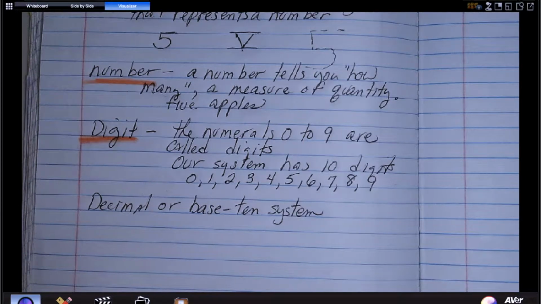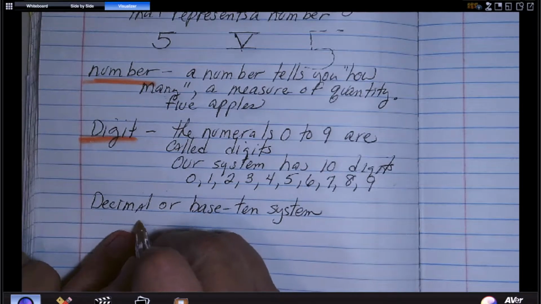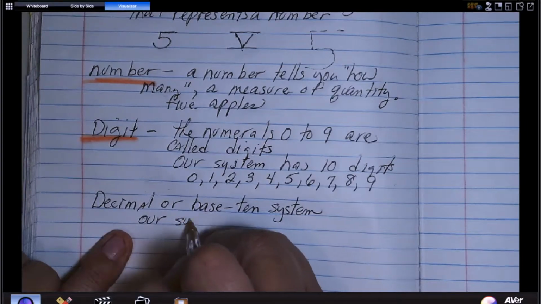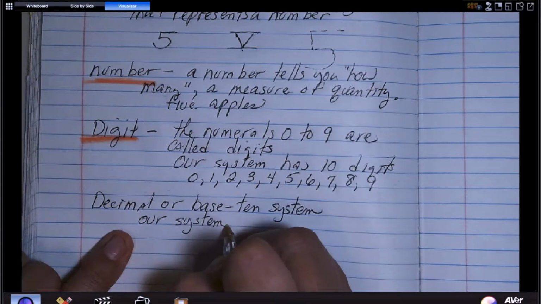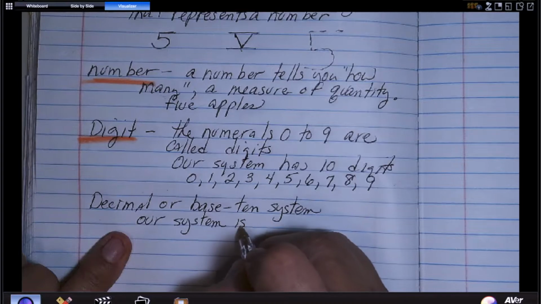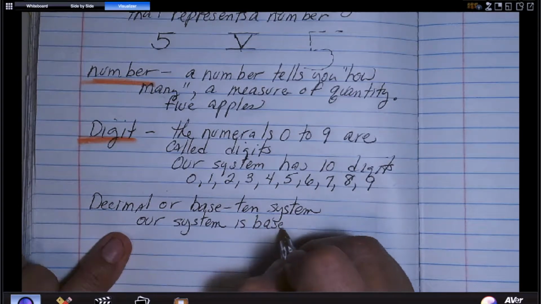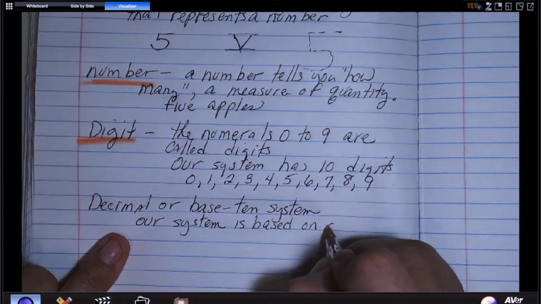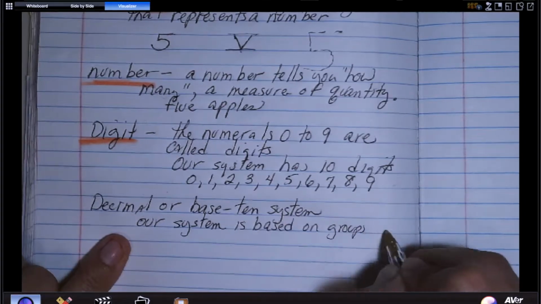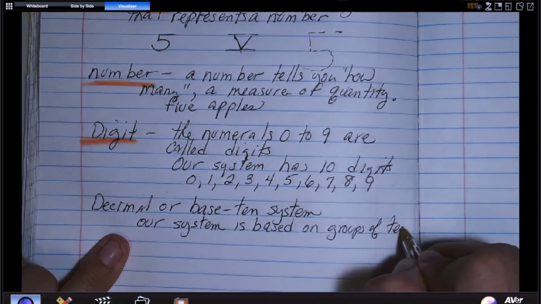Our decimal number system is the base 10 system. It is based in groups of 10. So our system is based on groups of 10.